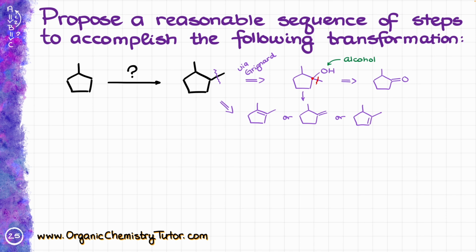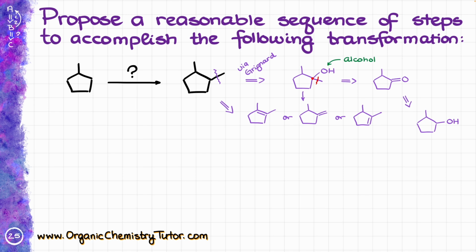Now, in order to make a carbonyl, in order to make a ketone, we actually know quite a few different methods. We know the ozonolysis that can make a ketone, we know the hydration of the alkynes, and we also know the oxidation of corresponding alcohols. In this case, probably neither ozonolysis nor reactions of alkynes are going to be at play, so the most likely predecessor to our ketone is going to be the corresponding alcohol, which means that my ketone must have come from an alcohol looking like this.